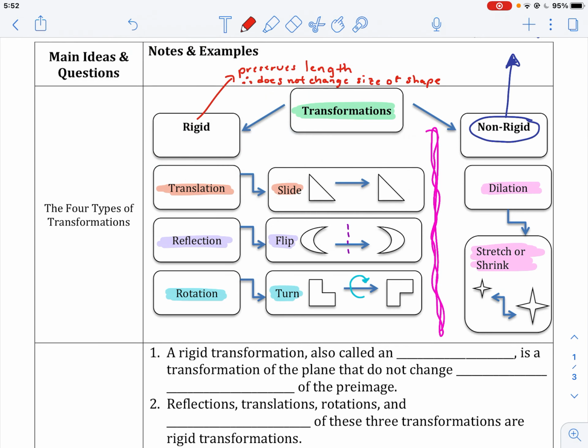A rigid transformation can also be called an isometry. And like I just said, it's a transformation of the plane that does not change the size or the shape of the pre-image.